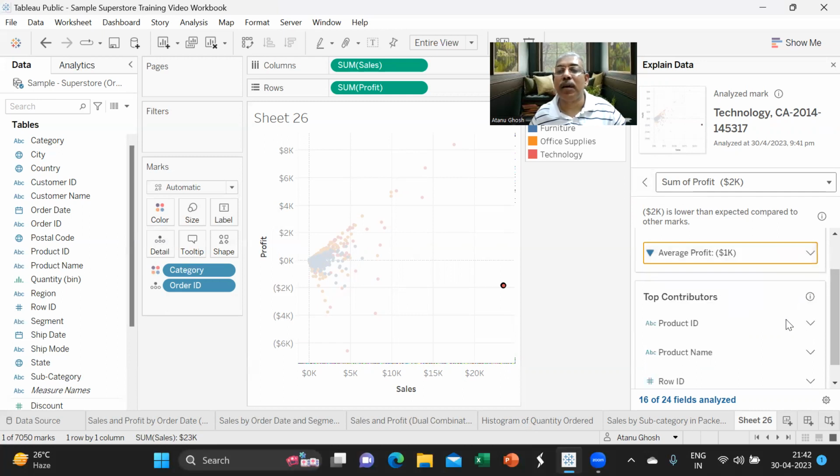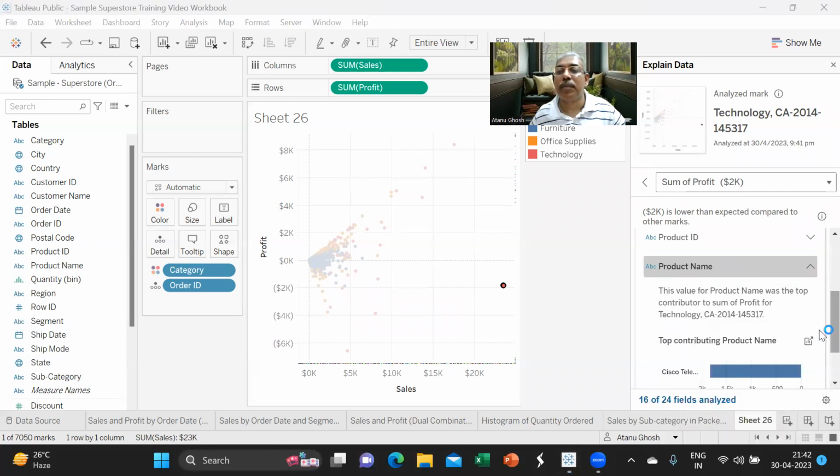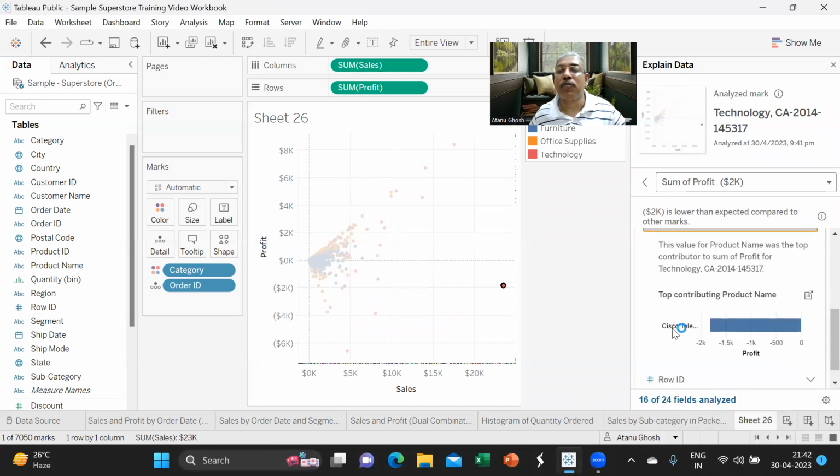If you look at this, we can see the product that is causing this problem. It's the Cisco telepresence system. We can actually go back and check what the compulsion was for which the Cisco telepresence product was sold at such a low profit, in fact a negative profit, even though the value of sales was very high.